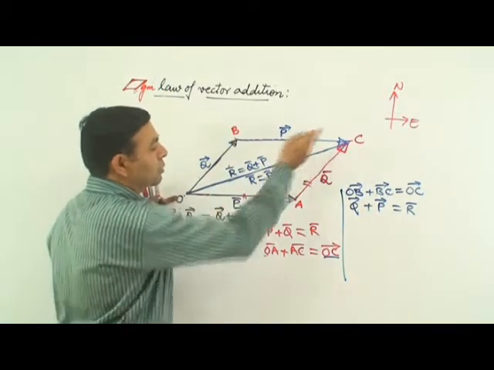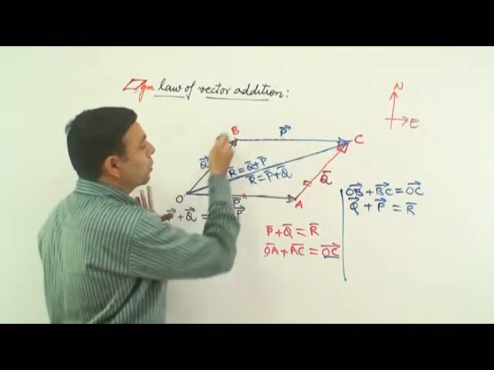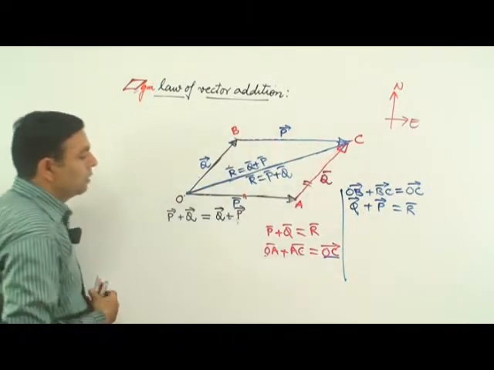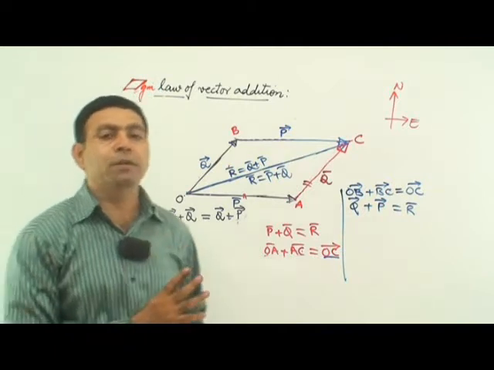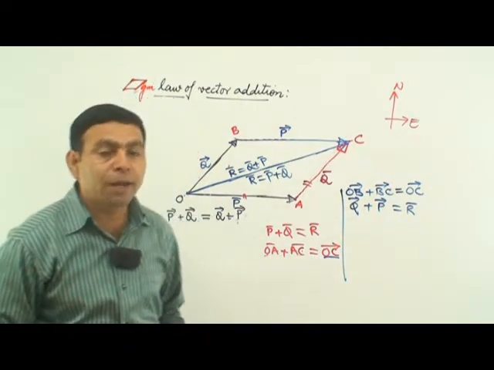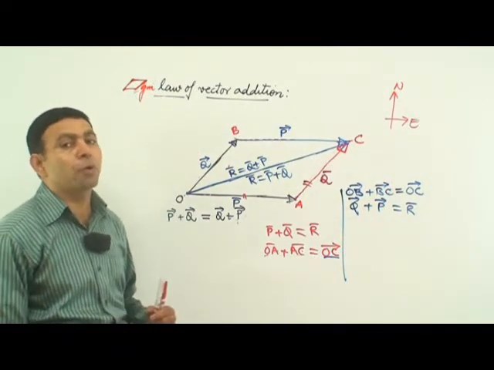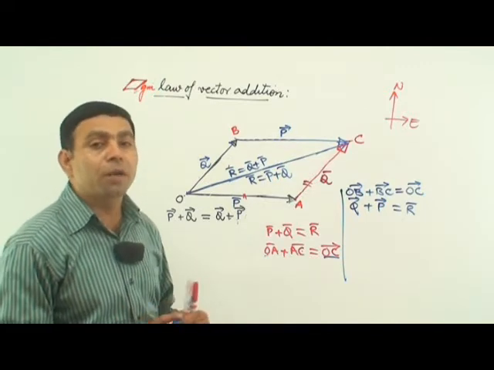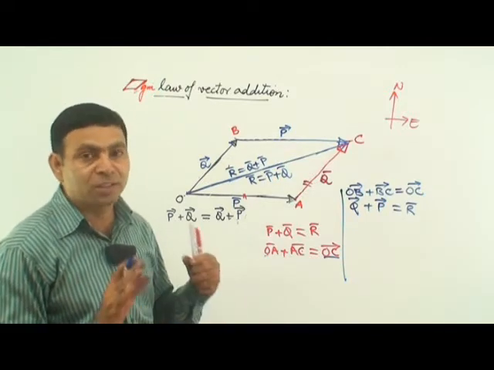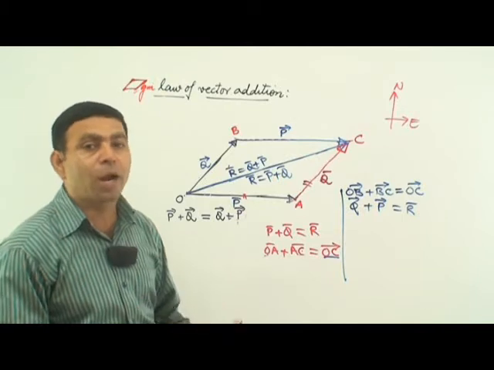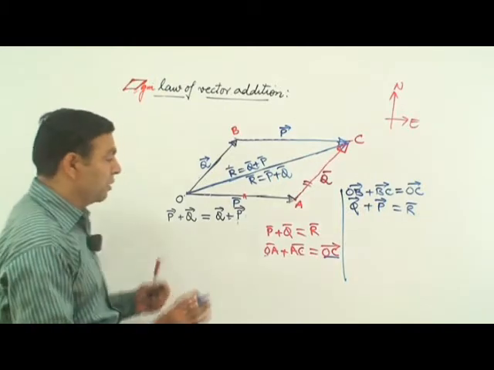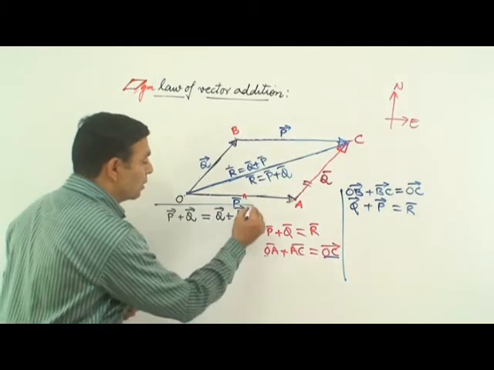So P plus Q is equal to Q plus P, which is the same OC. I have shown you for two vectors P and Q, but it is equally valid for any number of vectors. Even if you are going to add 100 vectors, the order in which you add is not going to affect the resultant as long as you are adding the same 100 vectors. Clear? So vector addition is commutative.